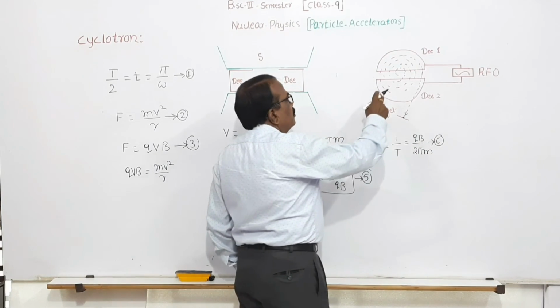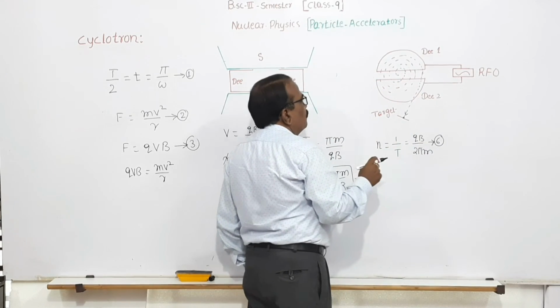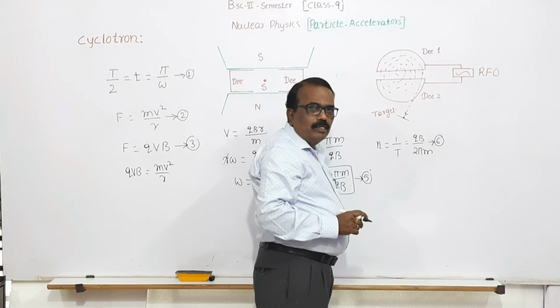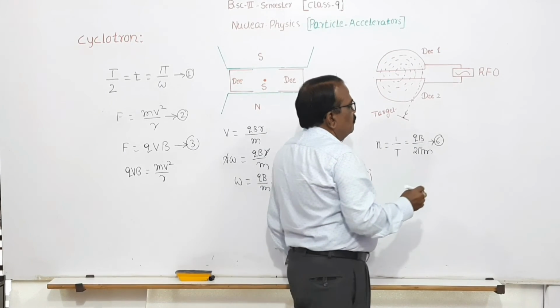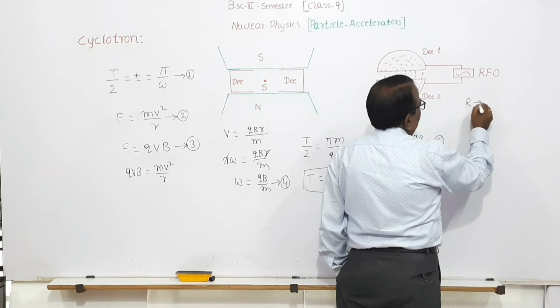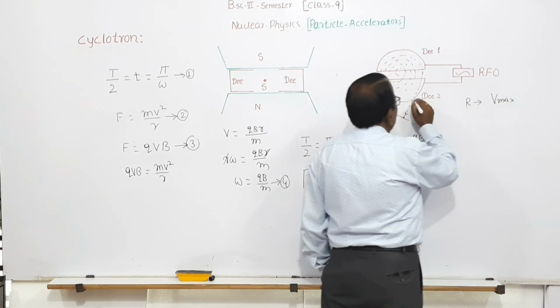When the ion describes the last radius before it comes out from the cyclotron, if r is the radius described by the ion, then v maximum is the velocity. It attains the maximum velocity here.